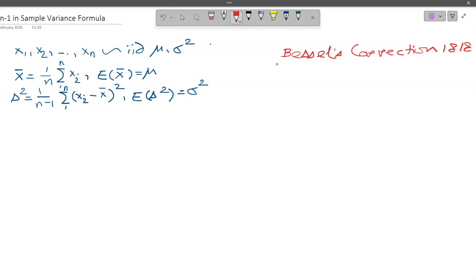So let us look at the numerator of the sample variance.